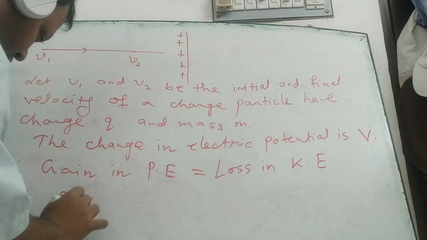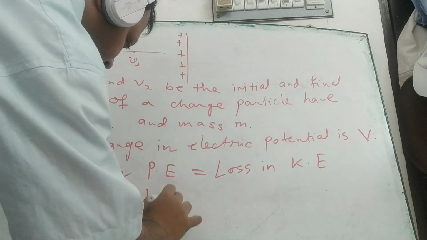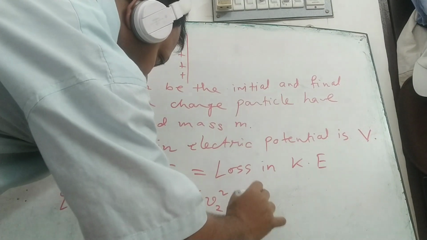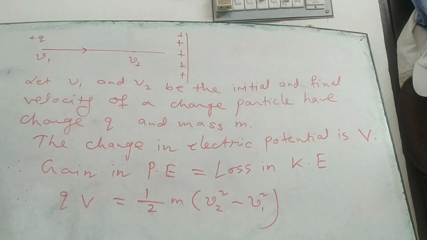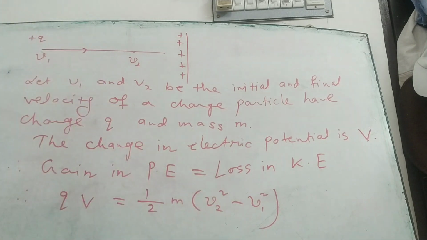Therefore, Q into V is equal to half m (v2 square minus v1 square). This is the relation between potential energy and kinetic energy in an electric field.